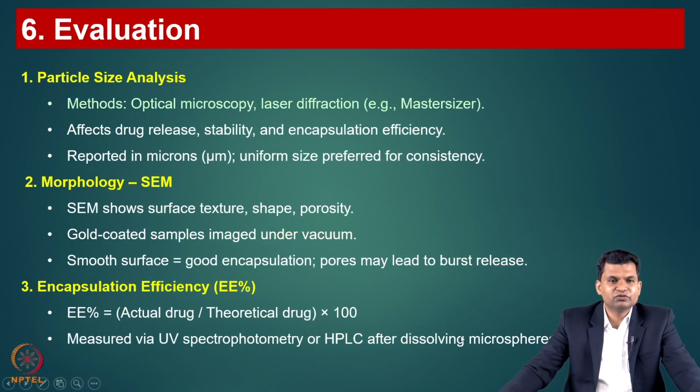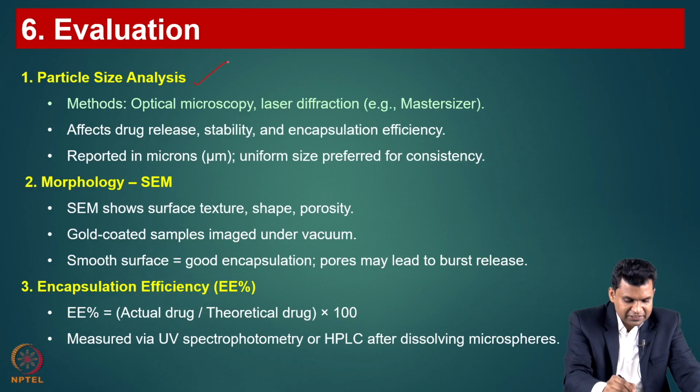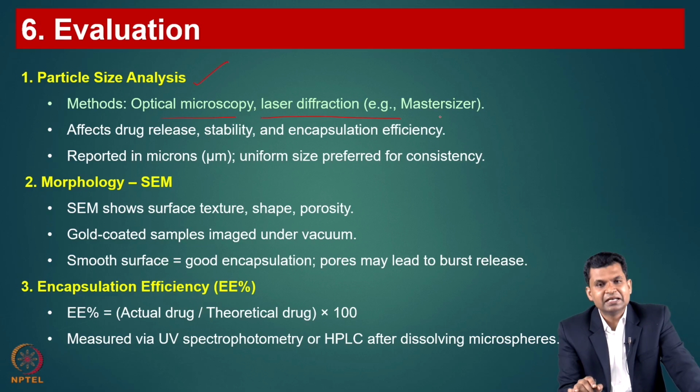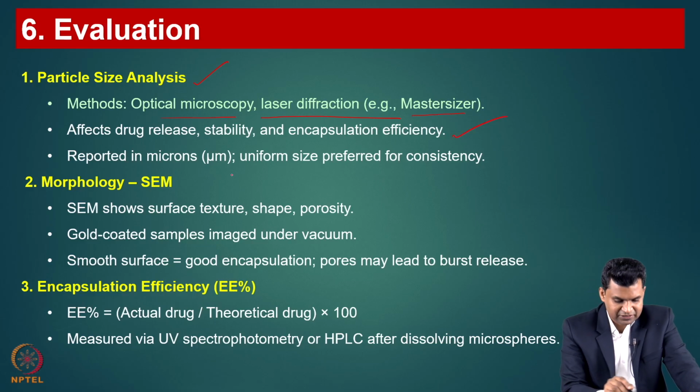Now, these are a few evaluation studies. Here we can evaluate the particle size by using optical microscopy and laser diffraction, that is Mastersizer. Particle size is very important, as it will affect the controlled release, stability and encapsulation efficiency, and it can be reported in micrometers.